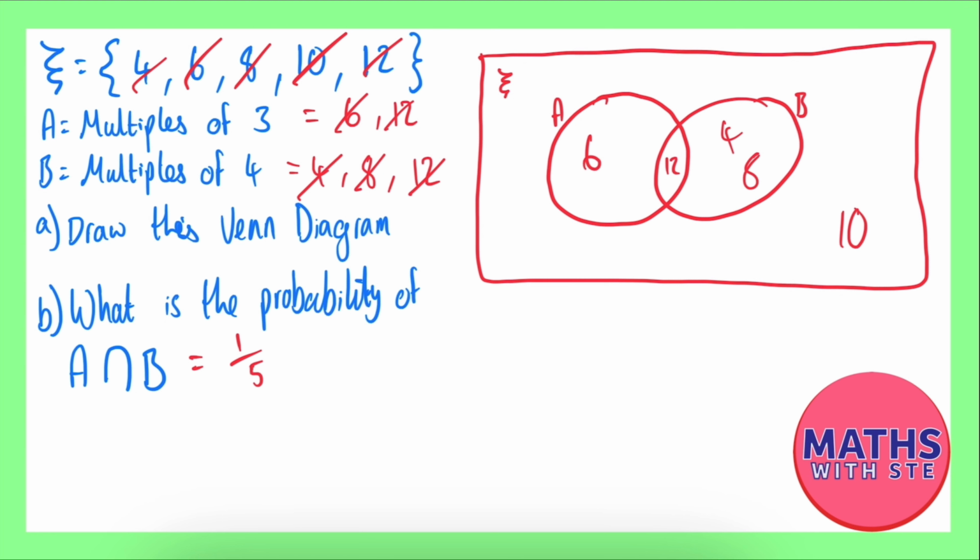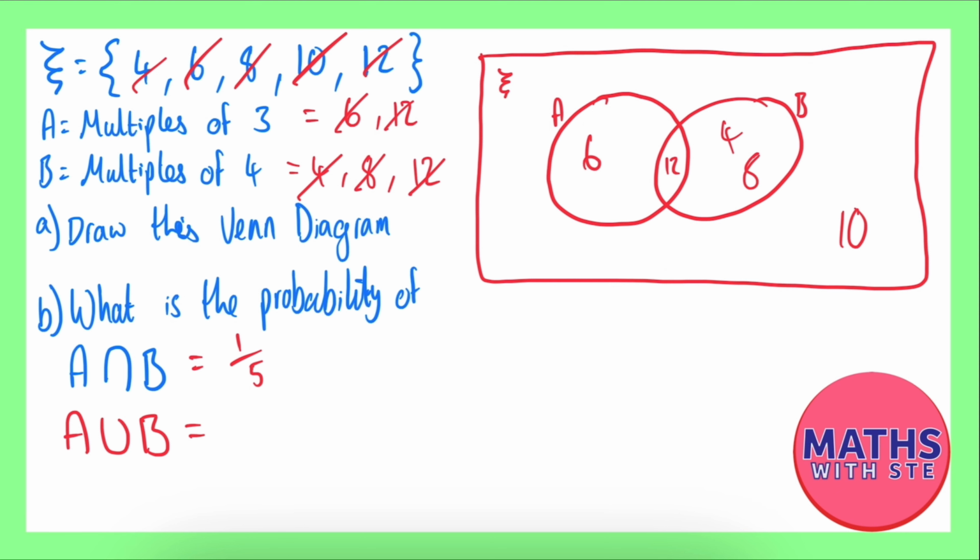Now, you might have had something saying A ∪ B. And that means the union. So that means what's in A or B, anything that's in either of those. So here you've got 6, 12, 4 and 8. That's in A or B, isn't it? So there's 4 of them there.